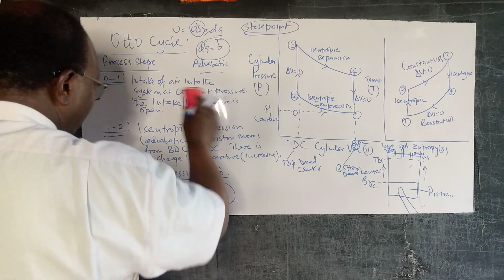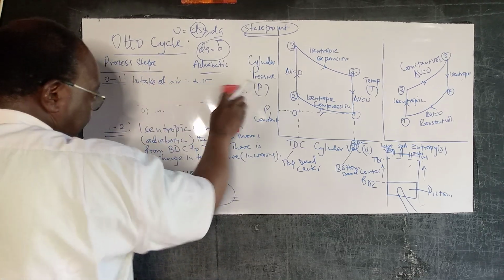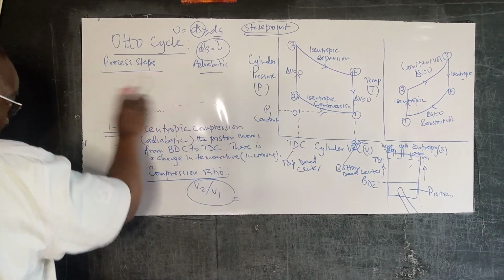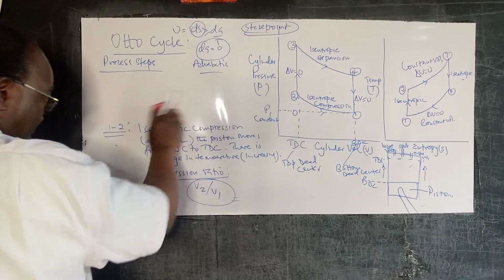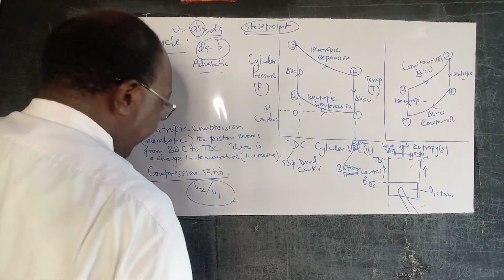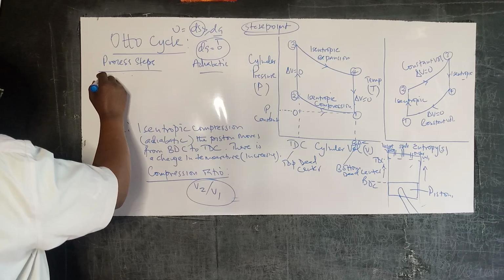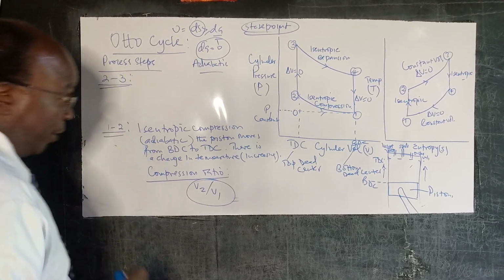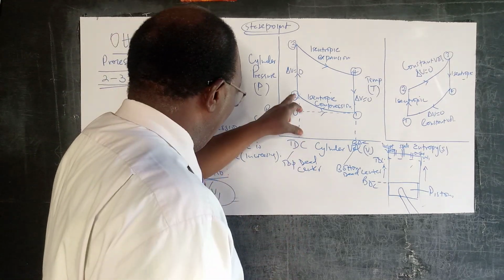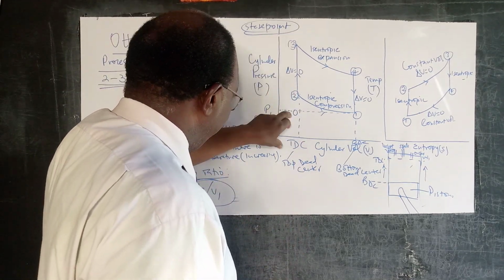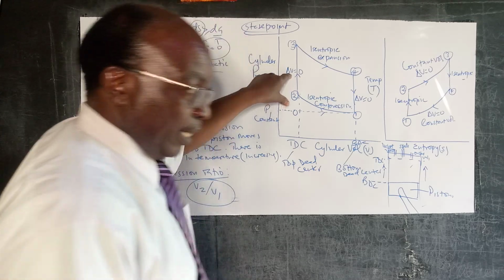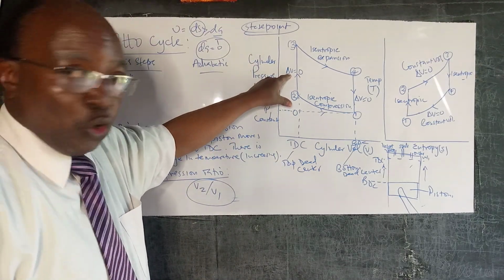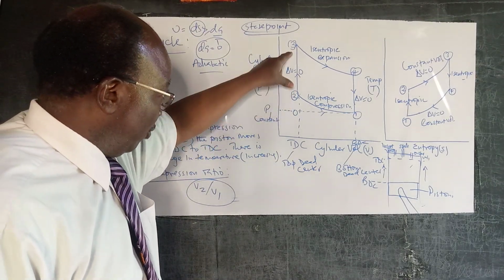Now, let us go to the next one here. The step 2 to 3. Notice one thing, this is an isochoric step. In other words, the volume is not changing, it's constant volume.